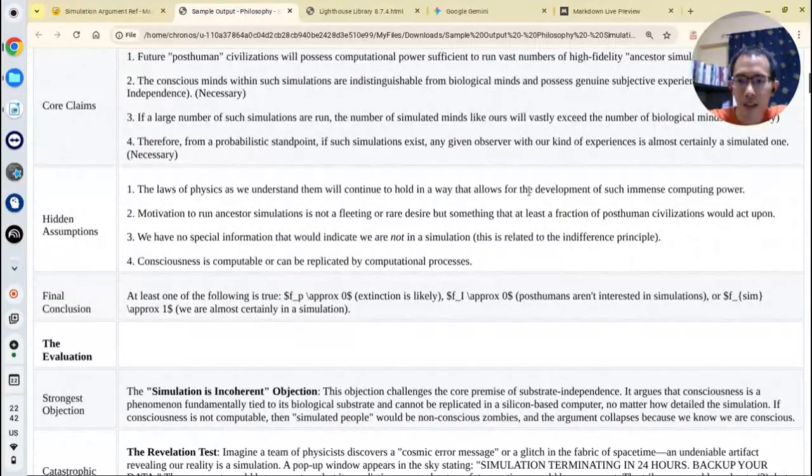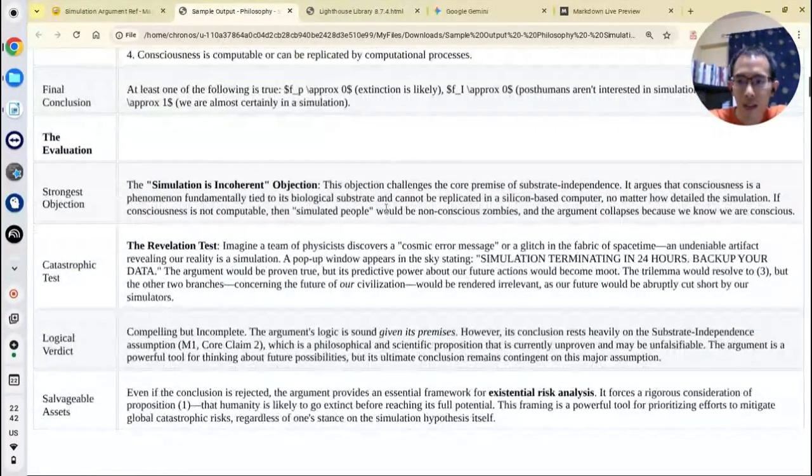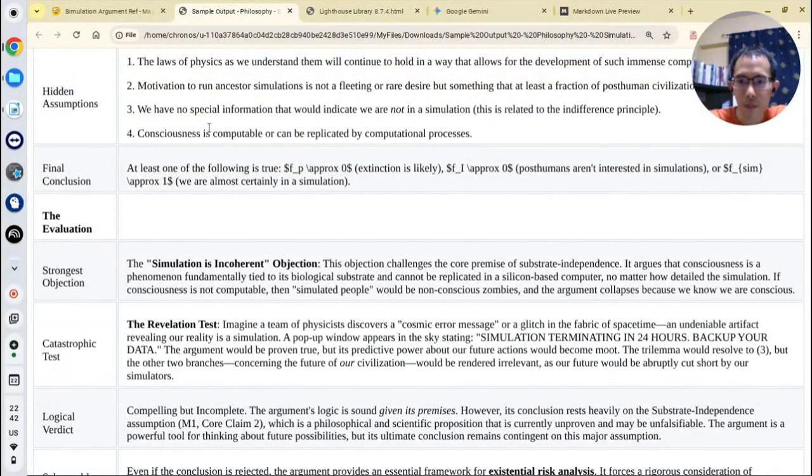It identifies hidden assumptions. So I think one of the main assumptions here is that consciousness can be computed. Is that known for a fact? It's very plausible, but it's not established, as it's still an open question whether you can simulate consciousness.